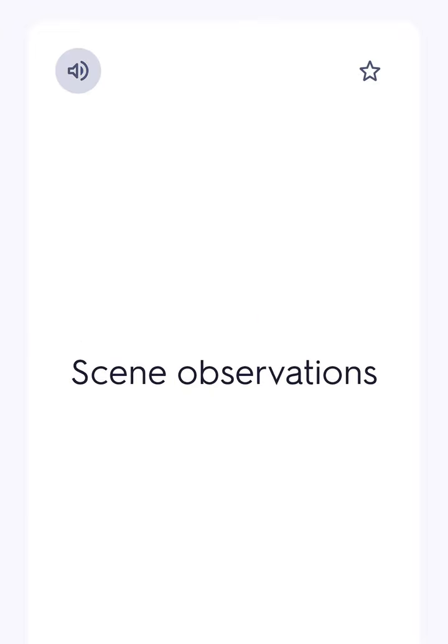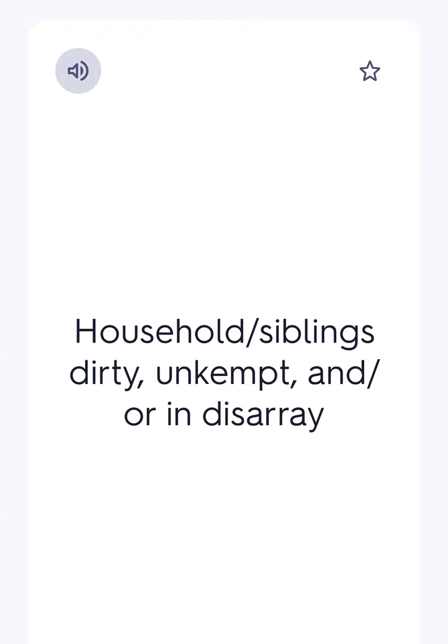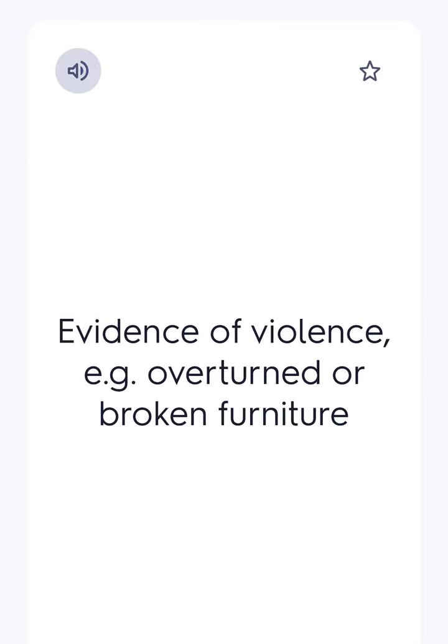Scene observations. Things that a paramedic may notice at the scene that indicate a child may be in need of protection. Household/siblings dirty, unkempt, and/or in disarray. The home and siblings are dirty, messy, or disorganized. Evidence of violence, for example overturned or broken furniture.